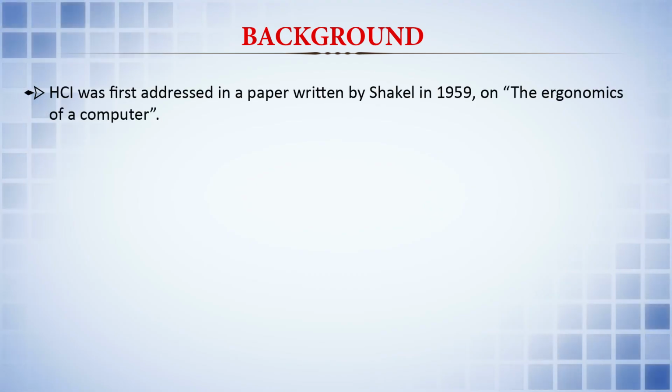Coming to the background or history of HCI. HCI was first addressed in a paper written by Shackel in 1959 on the ergonomics of a computer. This is how they started addressing human computer interaction in 1959.